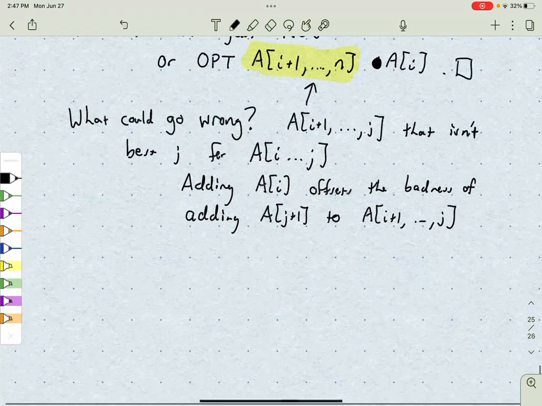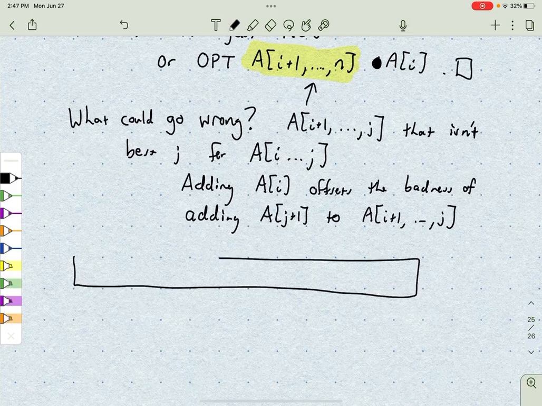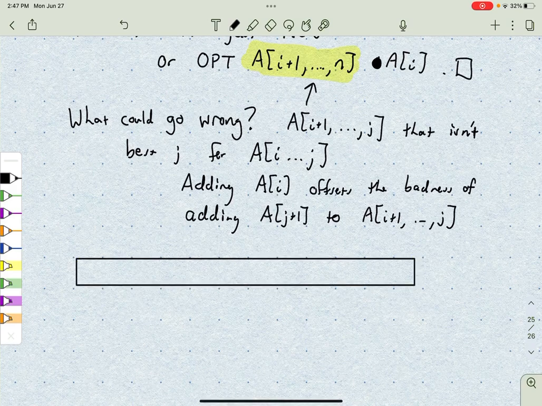So the idea here is if you had this array, and let's say this was I, maybe this is a really good value like 40, you have I plus 1, and it goes to some j, and then j plus 1 wasn't included. So the only reason j plus 1 would not have been included is if it was negative.